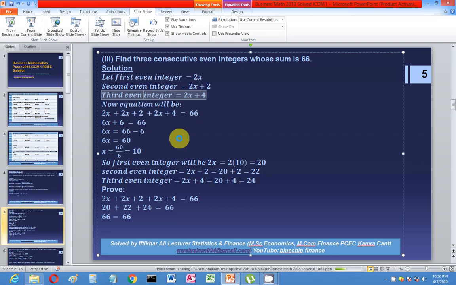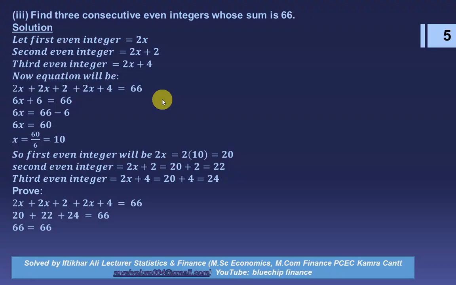So first even integer 2x, second even integer 2x plus 2, and third even integer 2x plus 4. Now the equation will be, because there is a sum whose sum is, so 2x plus 2x plus 2 plus 2x plus 4 equals 66.